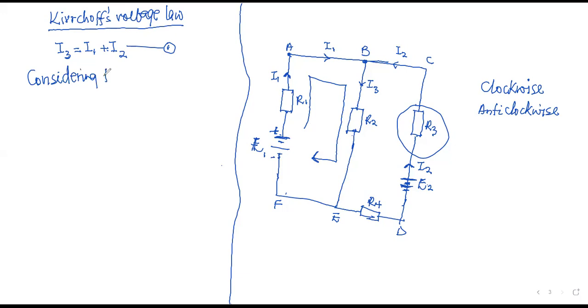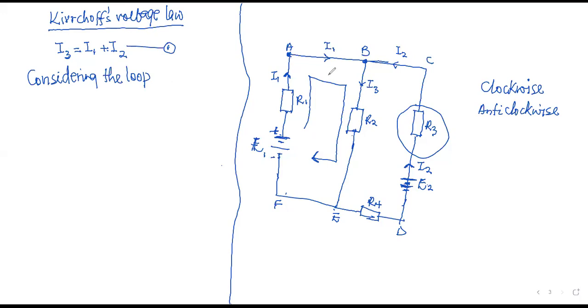Considering the loop, I'm going clockwise. So A, B, E, F, back to A. Please, if you start from a vertex and you don't end there, it is an open circuit.